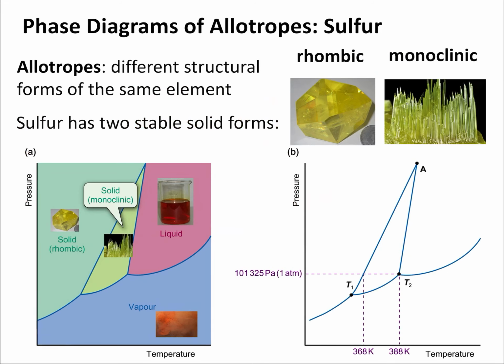Here's a phase diagram showing different allotropes of sulfur. So sometimes you can have phase diagrams that are a bit more complicated than those three-phase ones that we just took a look at. This looks something similar, at high temperature, low pressure, you're in the vapor or gas phase. Here you're in the solid phase at higher pressures, lower temperatures, and liquid is intermediate.